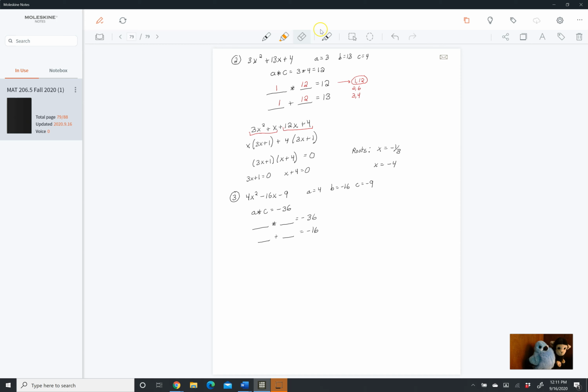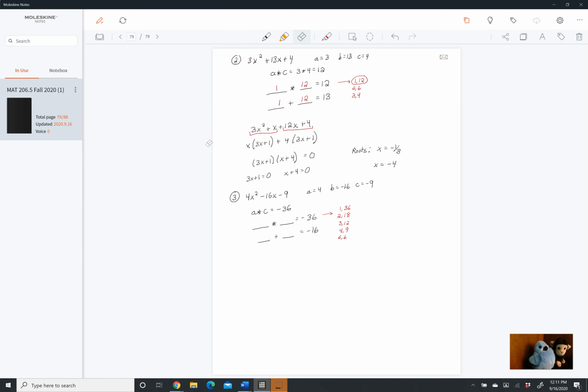Okay, so we go to the factors of negative 36. We have 1 and 36, 2 and 18, 3 and 12, 4 and 9, and 6 and 6.